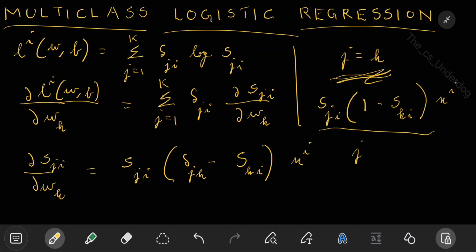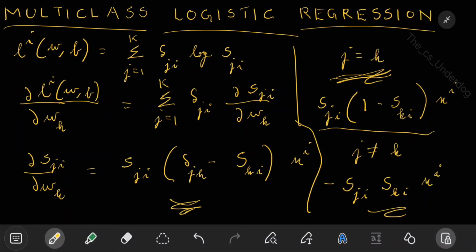What if j is not equal to k? In that case, what you get is minus of Sji into Ski into xi. How? Because the delta term will become 0, so this minus, this I took outside.